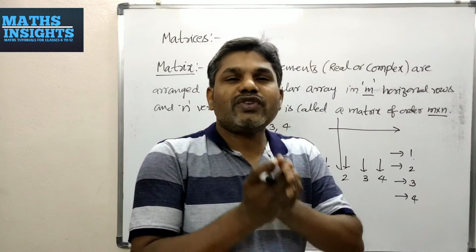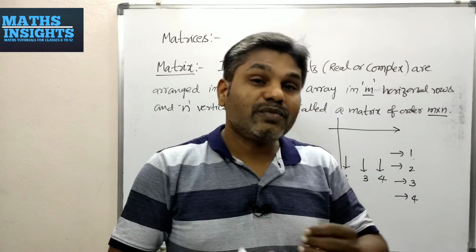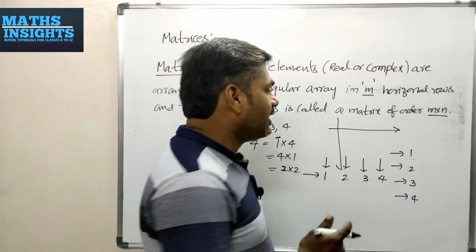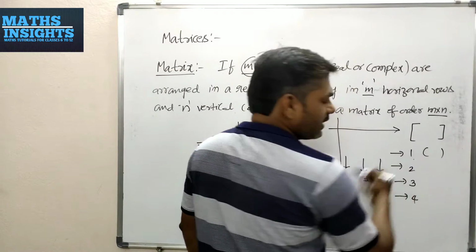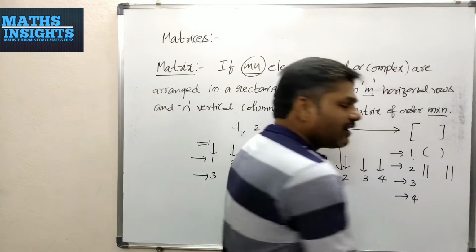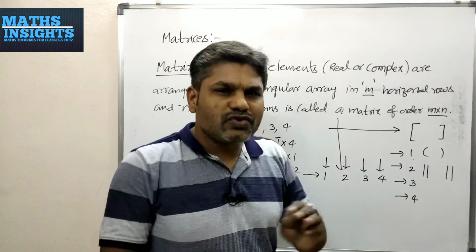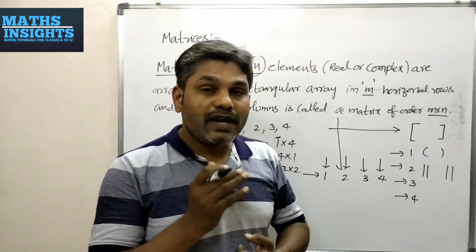Now, you have to enclose these elements in particular symbols to make it a matrix. So, if you enclose the elements in a square bracket or small bracket or double modulus, then that will become a matrix. These are the symbols used to enclose the elements to form a matrix.